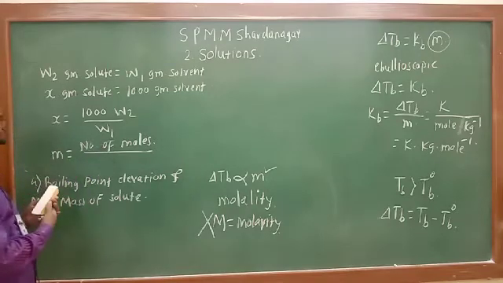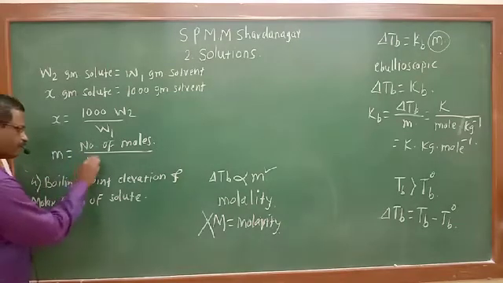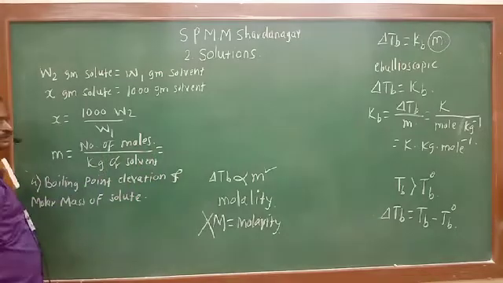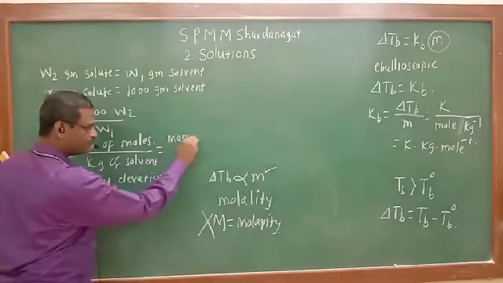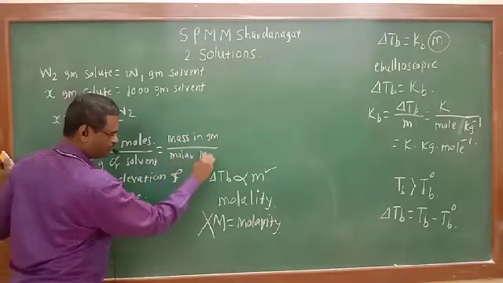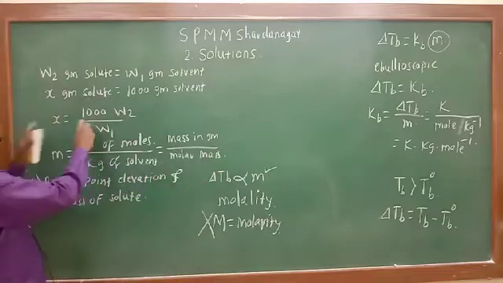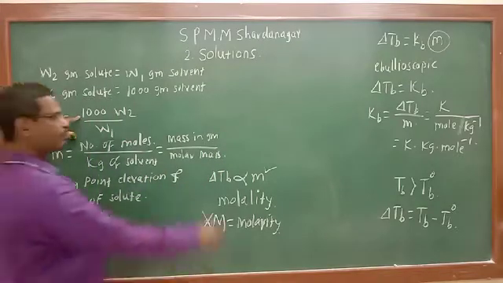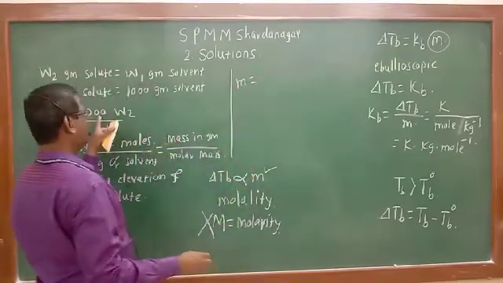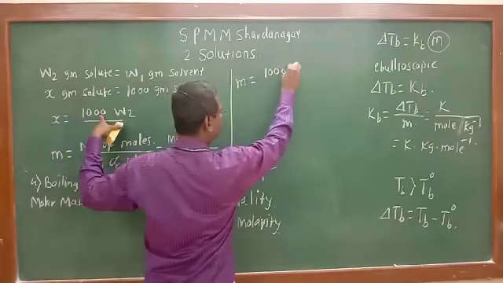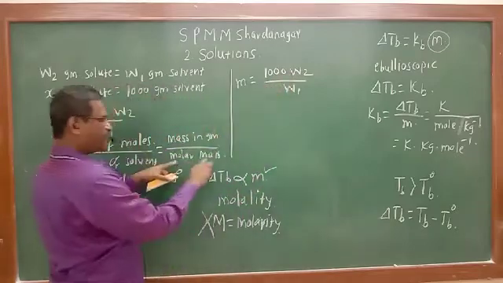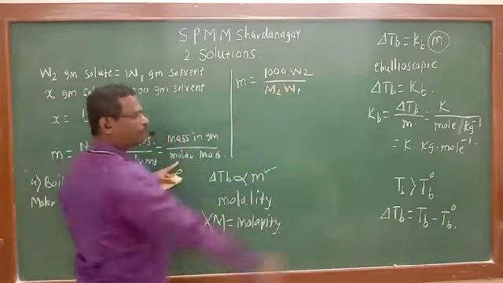The number of moles is nothing but mass in gram divided by molar mass, and mass in gram we have calculated. So small m will be equal to mass in gram, 1000 W2 divided by W1, divided by molar mass. The molar mass of solute is M2.